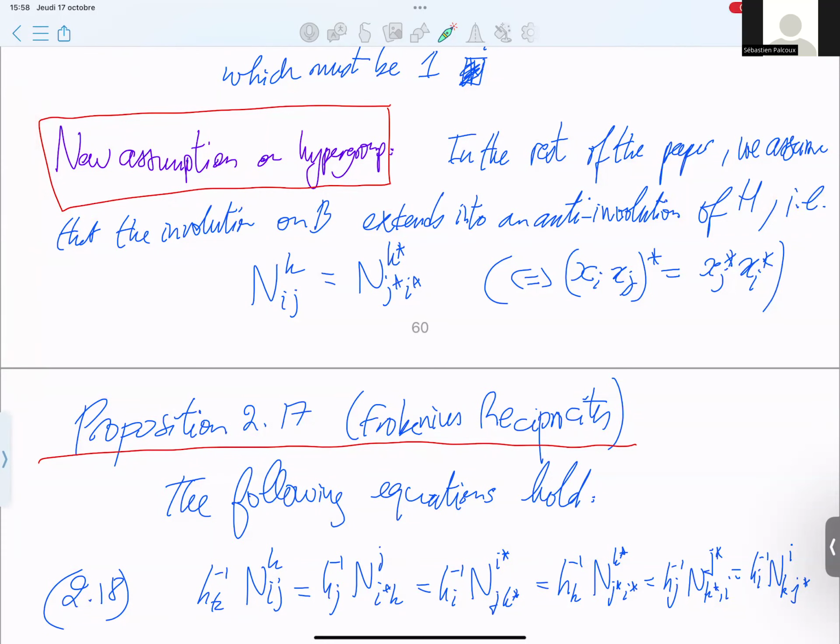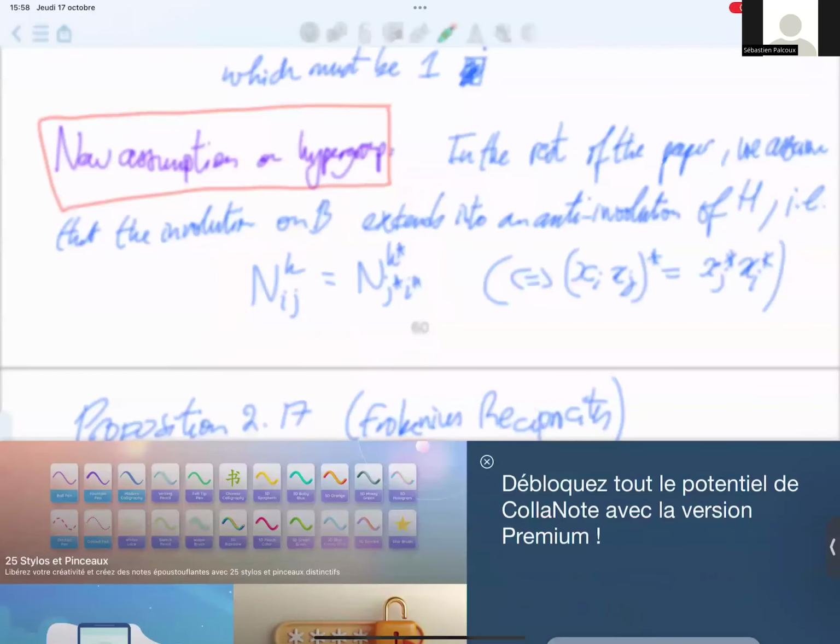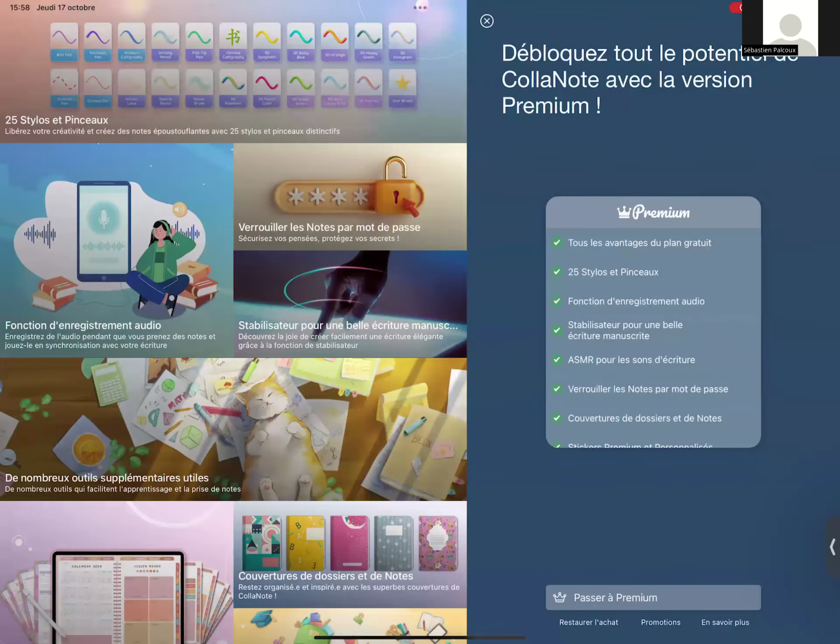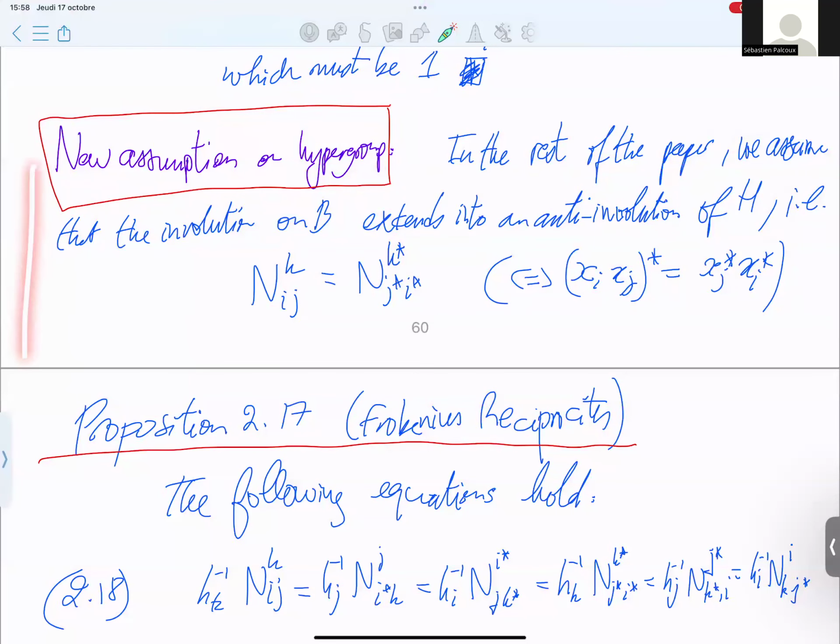Even in the introduction, we did not say how the involution deals with the product, because everything was defined in terms of a star algebra, and the involution comes from a star algebra, so you have this kind of thing.